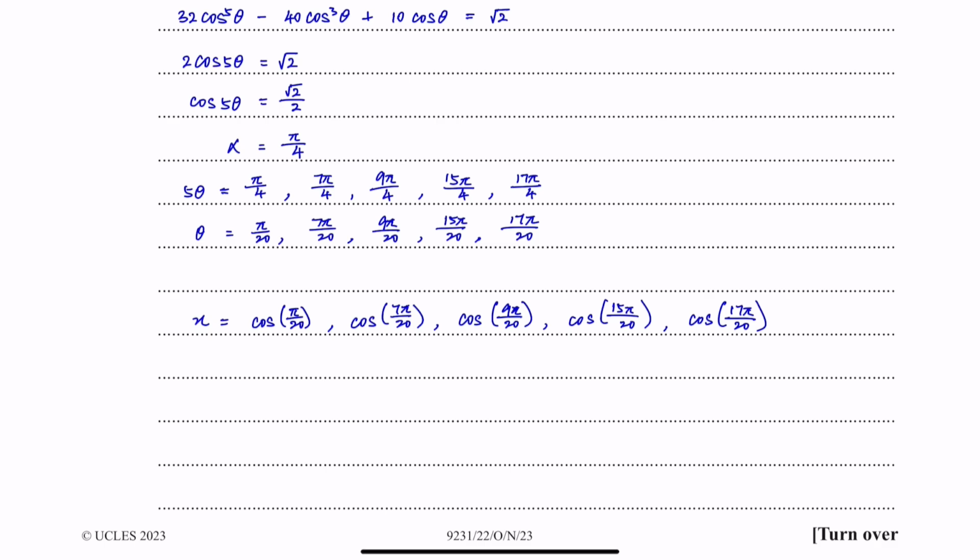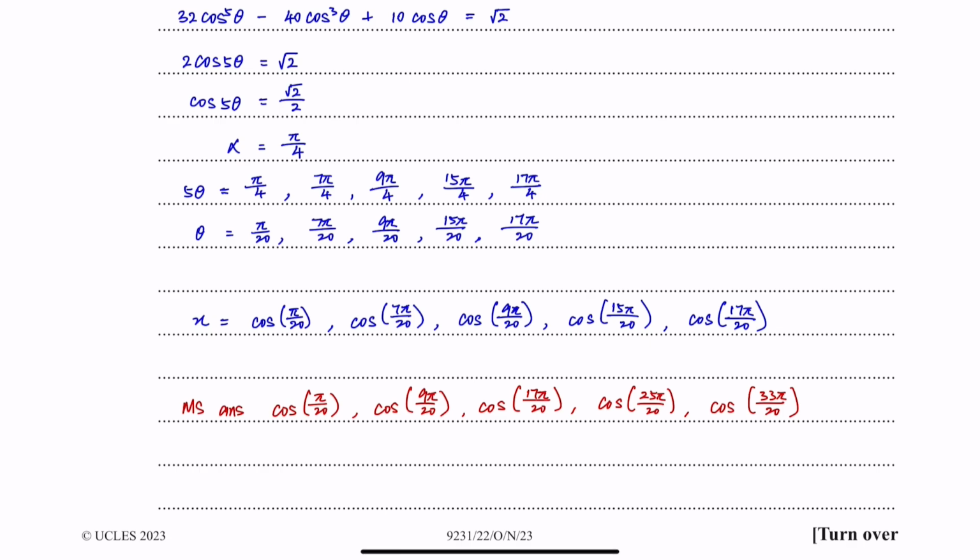Okay, and I do realize that the mark scheme answer is slightly different from mine. It has cos pi over 20, cos 9 pi over 20, cos 17 pi over 20, cos 25 pi over 20, and cos 33 pi over 20.